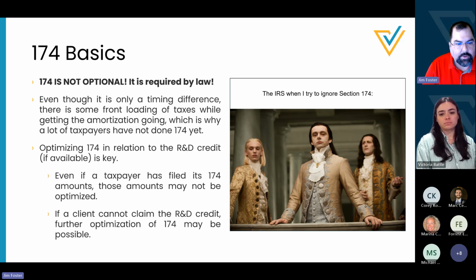And even if you've already filed 174, those amounts may not be optimized. And if you can't claim the credit, you can work to reduce the 174 number even further by being a little bit more aggressive while staying within reason under the law.